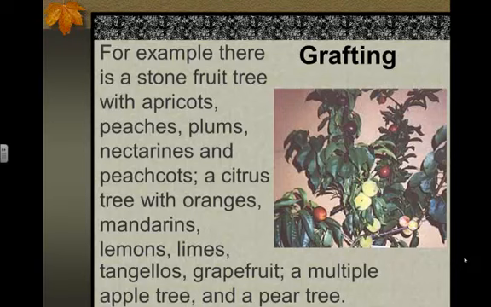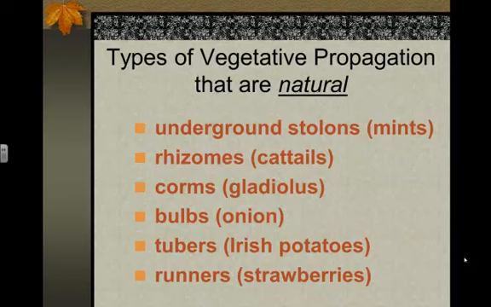They took a peach tree, grafted it, plum tree, and so forth. They have a citrus tree with oranges, mandarines, lemons, limes, tangelos, and grapefruit. And then they have an apple tree which grows different types of apples, and a pear tree with different types of pears. So it's amazing what they can do.